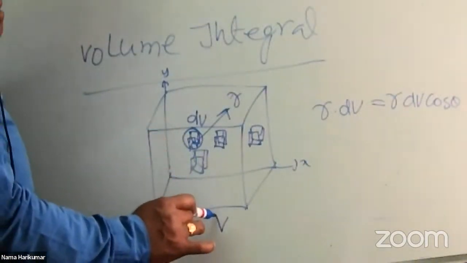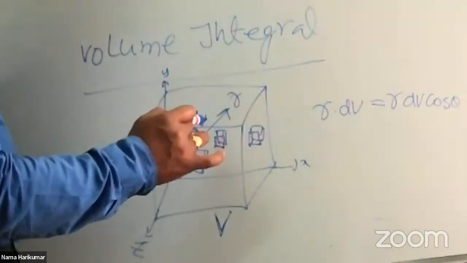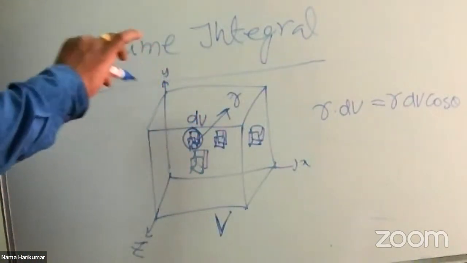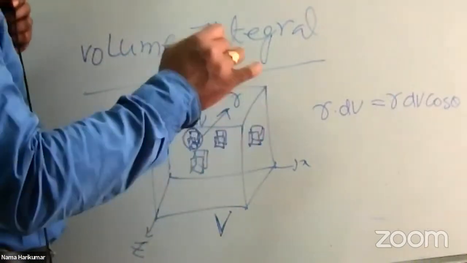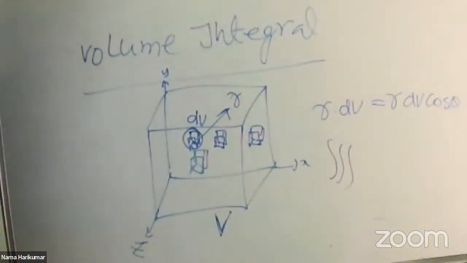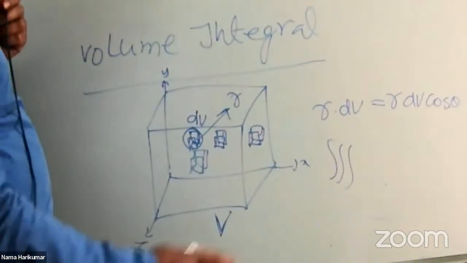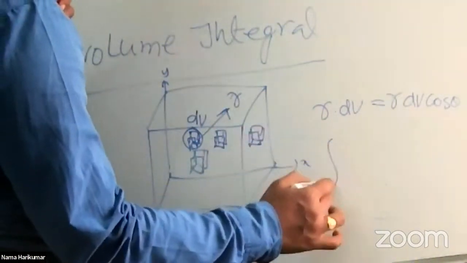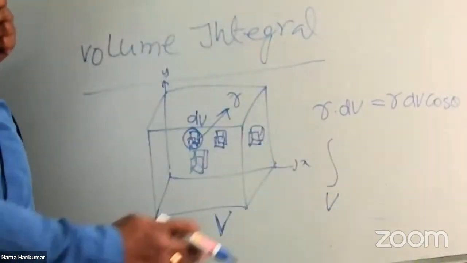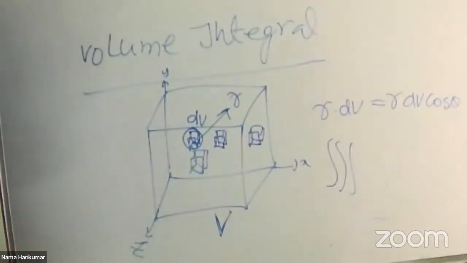In the value v we have a number of small values, so we have to consider all values. For this we write the triple integration. The triple integration is the value integral of r.